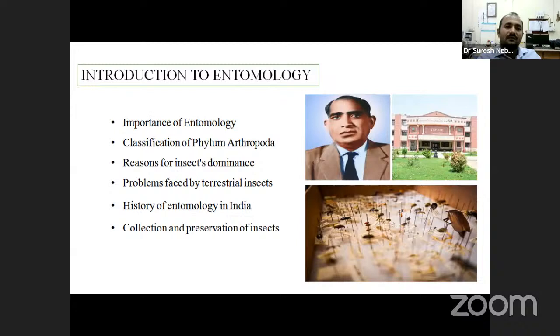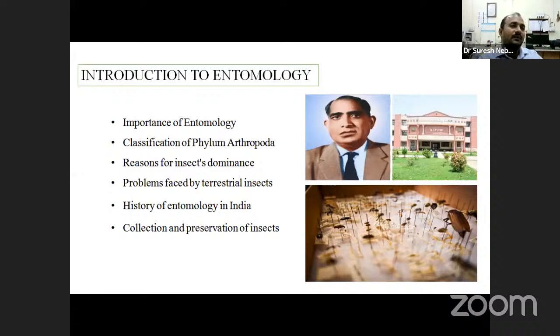Classification is not just orders and species only. You have to start from Arthropoda. Then you should know the year-wise history, like what happened in 600 BC, which phylum came, which subphyla are there, which insects came in which era.